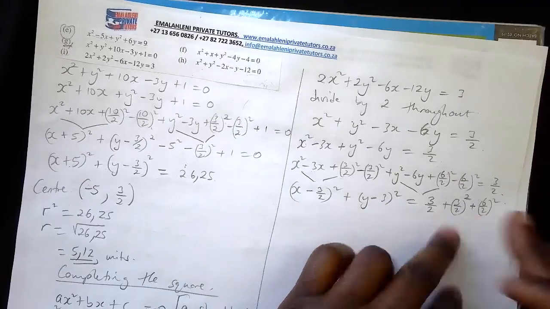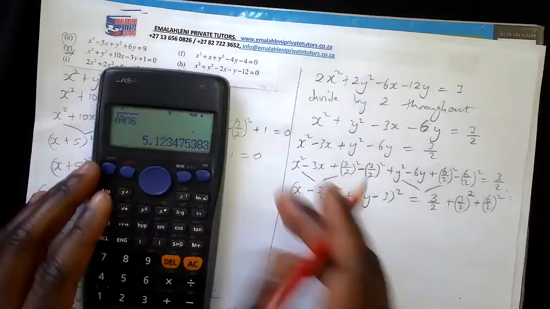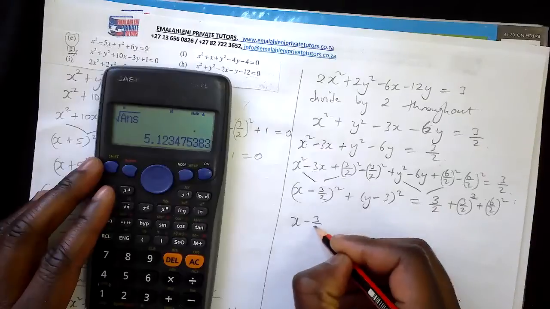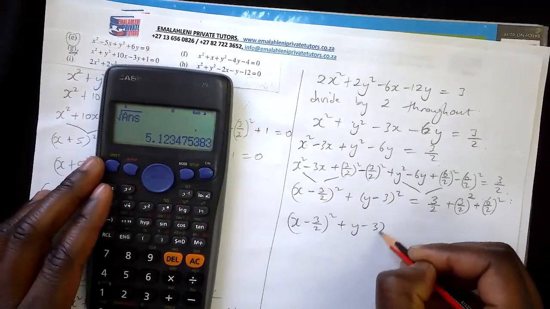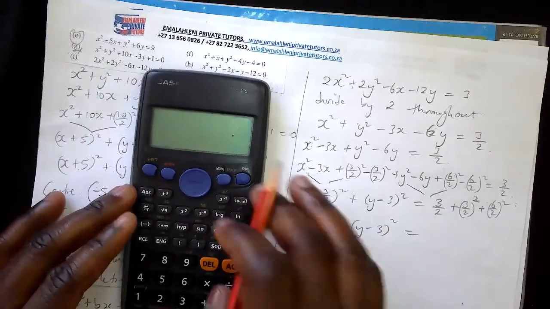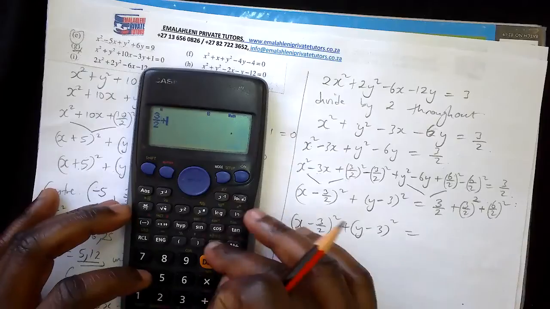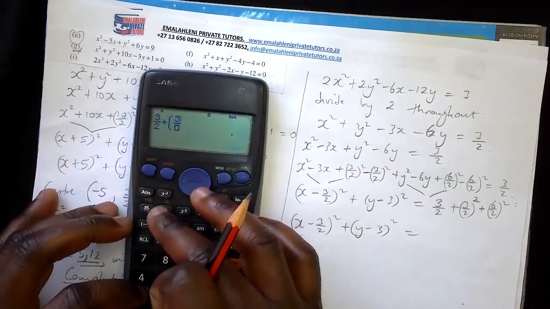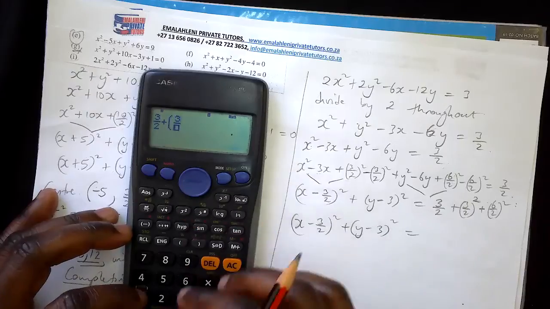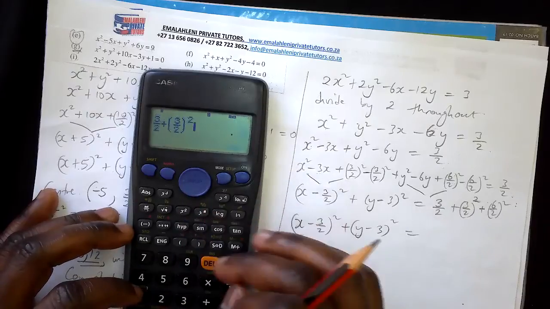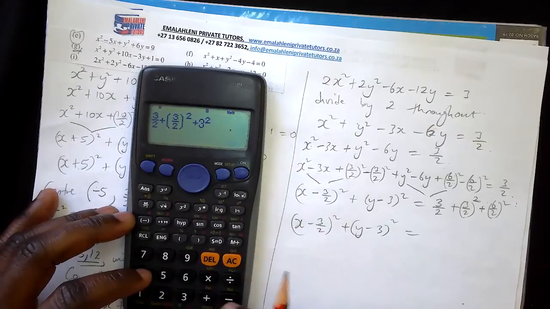I'm just writing this so that you understand that we have shifted this to that side, okay, as they are, not answers. But now let's see what we're getting here. x minus 3 over 2 squared plus y minus 3 squared is going to be equal to 3 over 2, plus, in bracket, 3 over 2, but this one, we know this one, because this one plus 3 squared, I'm just punching so that you can see clearly.